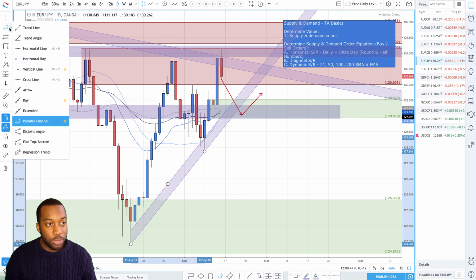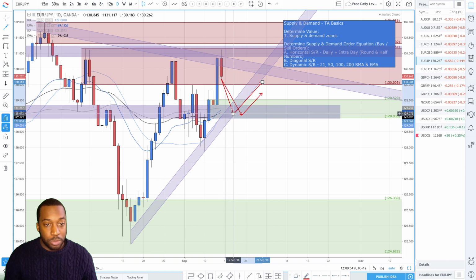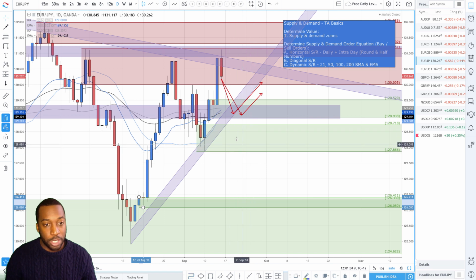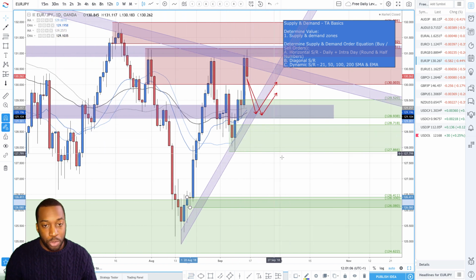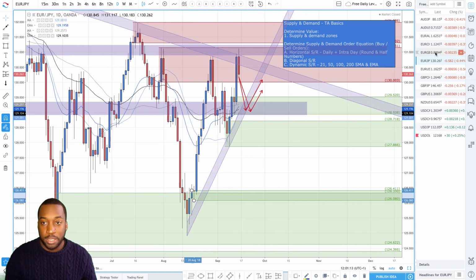So depending on when prices come down here, we could see some demand coming into the market. We also have another demand zone down here, as well as some here. So again, do the same thing around here for these demand zones. See where you want to be a buyer or a seller.